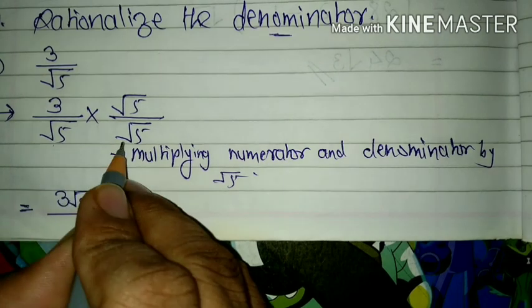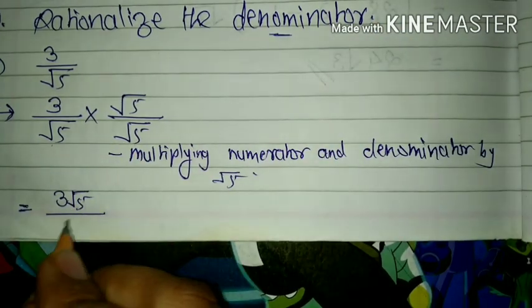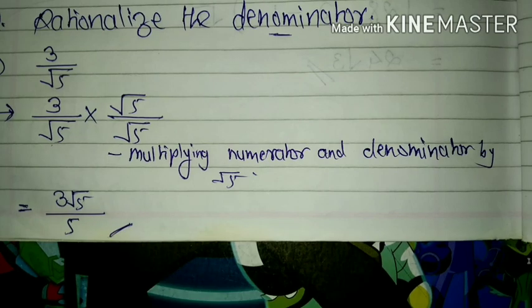And root 5 into root 5, we have seen, is equal to 5. So this is our final answer.